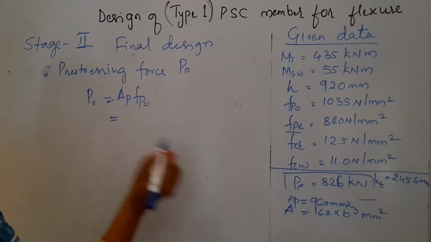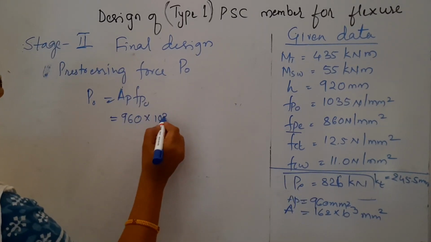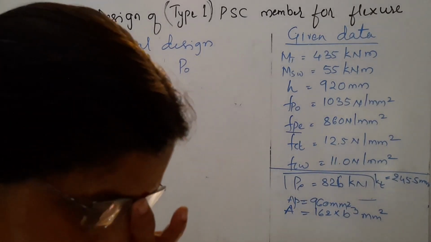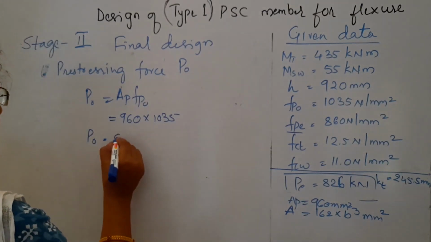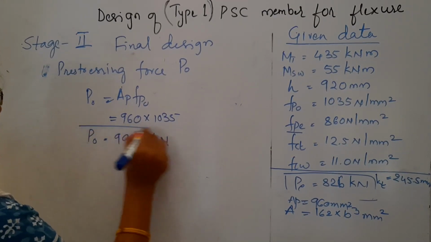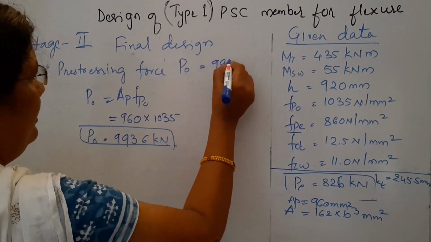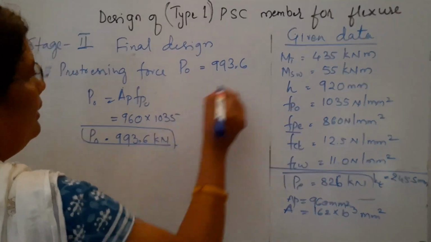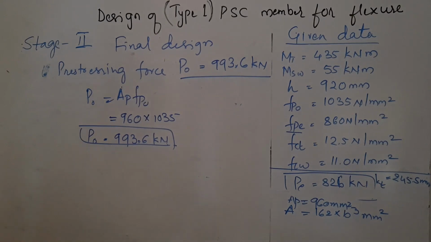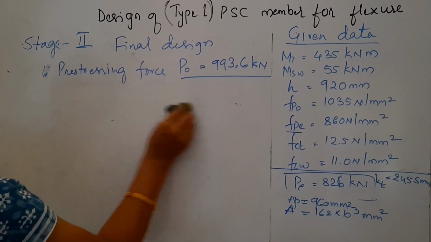The area of steel we have provided is 960 into 1035. This PO is equal to 993.6 kilonewton.